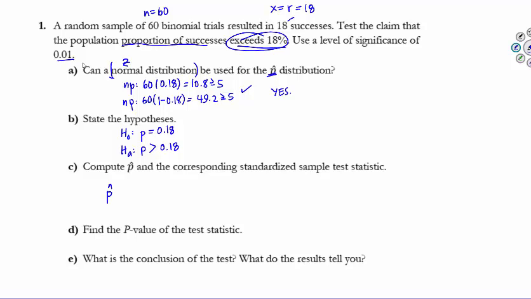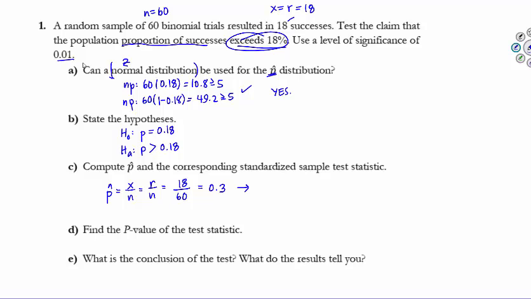To cook up p-hat, remember, this is x over n, or in terms of the textbook notation, r over n. That is 18 successes in a total of 60 trials for a p-hat of 0.3. That means 30% of the sample exhibited this characteristic.